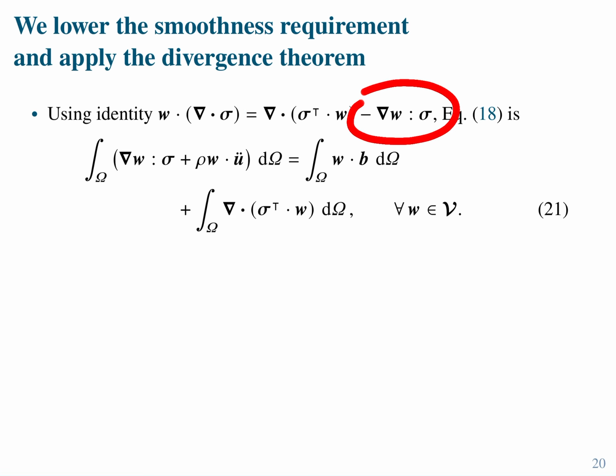And then the final term here, we have the so-called contraction. So if I apply the gradient to a vector, I get a second order tensor. So this whole thing here is a second order tensor. And sigma is a second order tensor. So how do I get the scalar out of that? Well, I apply the so-called contraction operation.